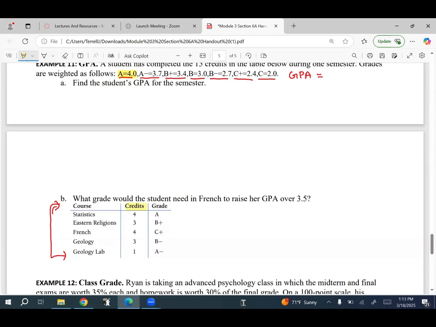Credits mean the weight of that A. You know from being students that an A in a 1-credit class and an A in a 4-credit class are different. If you get an A in a 4-credit class, that would increase your GPA more significantly than an A in a 1-credit class. So credits are considered the weight. I'm going to write that above or below here. Credit is seen as the weight.